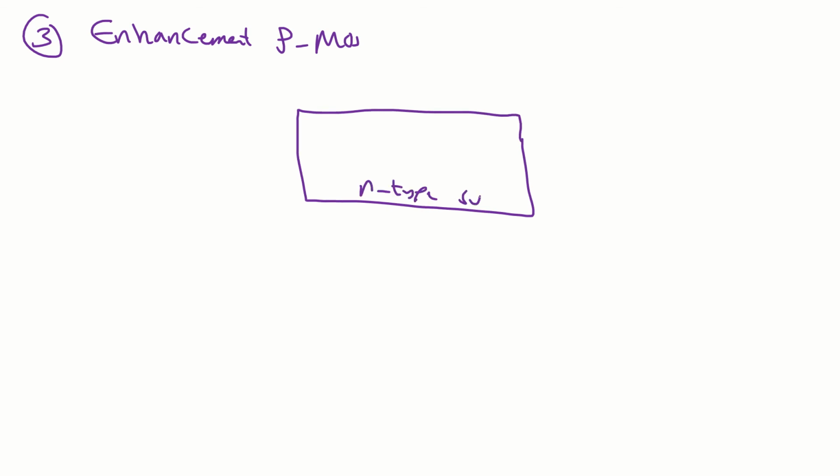P MOSFET. Now this means the channel that should be created should be what here? P-type. So we start by the N substrate, N-type substrate. And here we have the drain, here we have the source, here the drain, and this should be P-type, and here P-type, and we have the same oxide here and the same gate that we had before.